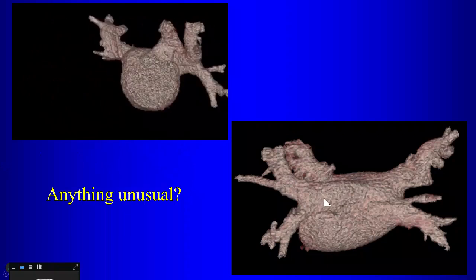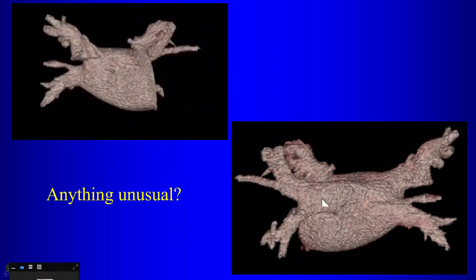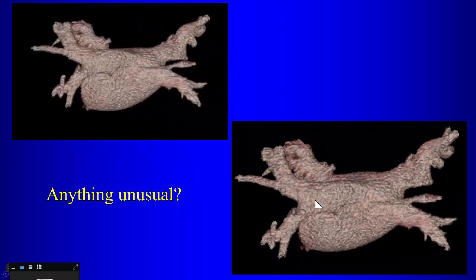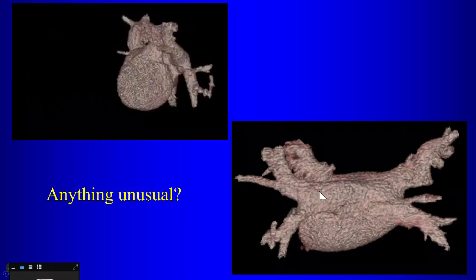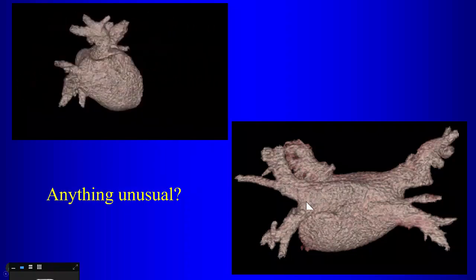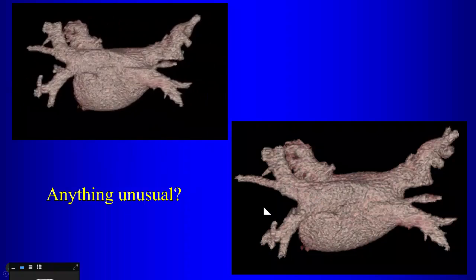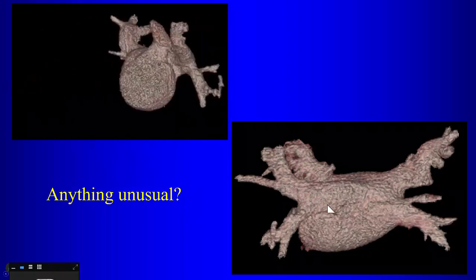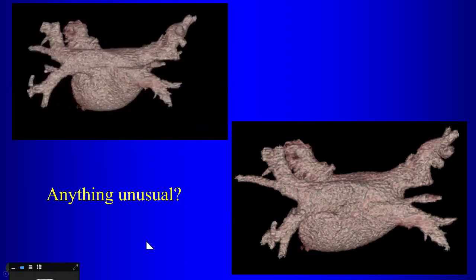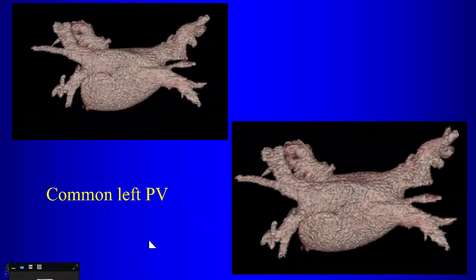And that's a very common anomaly, to have a common pulmonary vein, and it's usually on the left side. So the left upper lobe and the left lower lobe pulmonary vein join to form this common pulmonary vein. And again, that's usually on the left side. So that's a common left pulmonary vein.